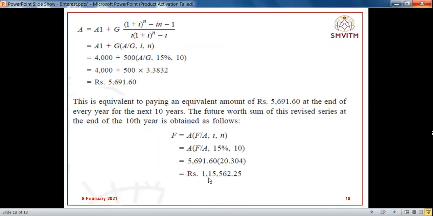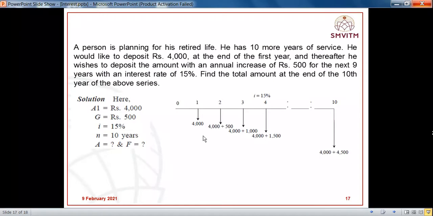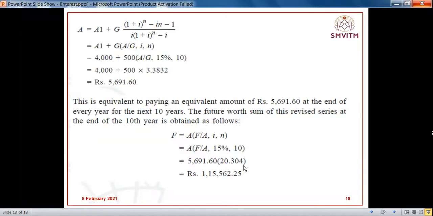So the person will get 1,15,562 rupees with this investment. This is the gradient factor. Usually, first you have to convert the gradient into an annuity or uniform series, then from the uniform series to the future value. If you want to calculate the present value, convert into present value.